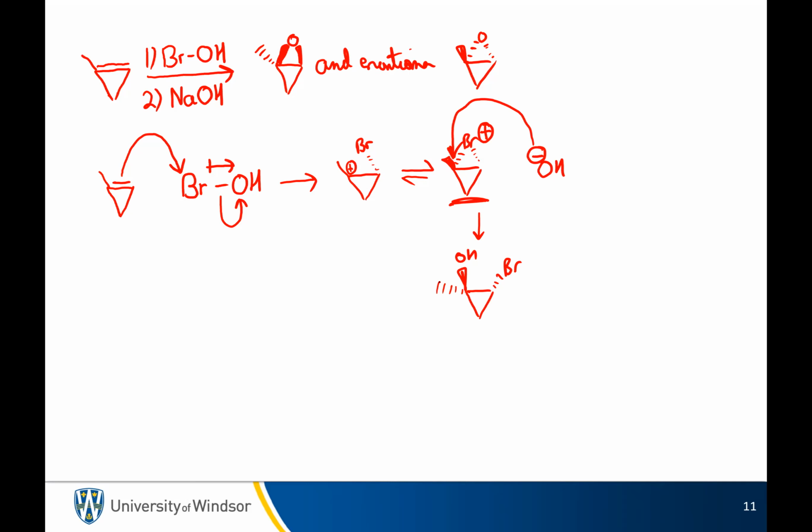Now, if I take this and I treat it with number 2, so lots of sodium hydroxide. So sodium hydroxide is a base. And the fastest reactions are acid-base reactions.